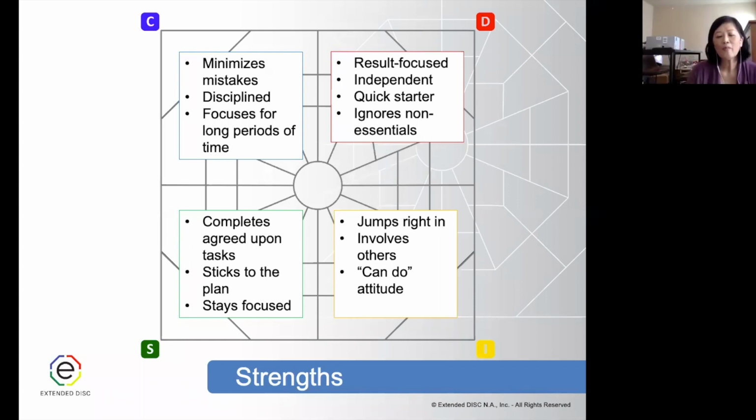Yeah, we always say a caveat though: you want to be careful not to overuse your strengths, because your strengths are something that can also get you into trouble. Absolutely. When you're talking about that can-do attitude, when they tell you they can do something, you really want to double check, so maybe have them refocus more on tasks.